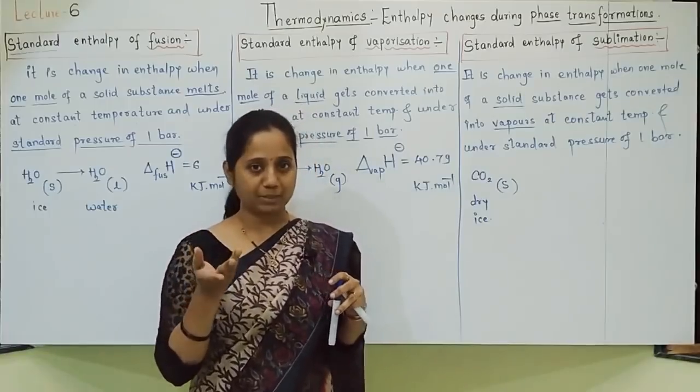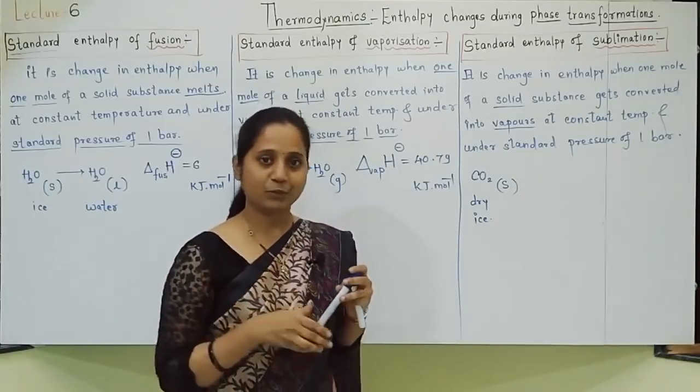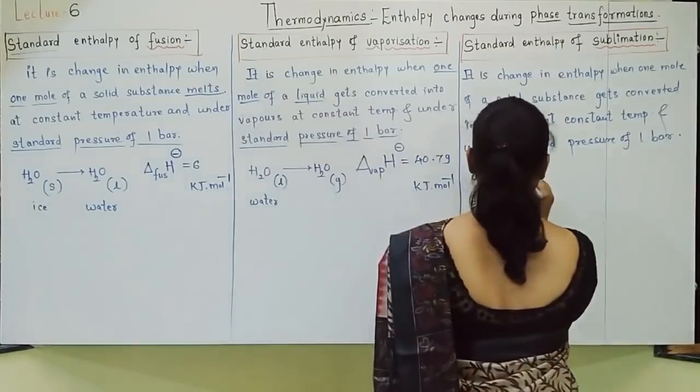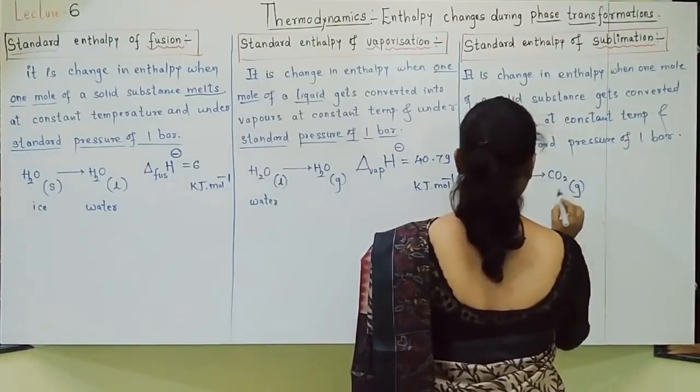Otherwise you can think of naphthalene balls. They also sublime, but they sublime slowly. So carbon dioxide gas getting converted into solid.